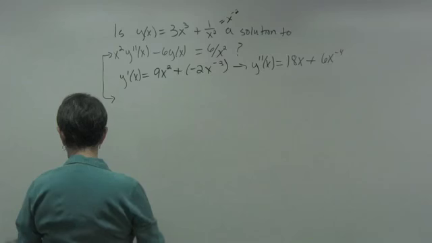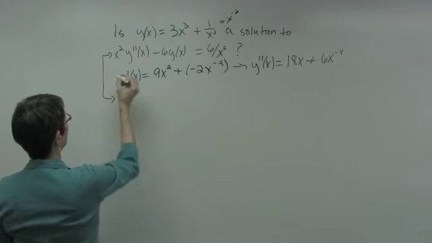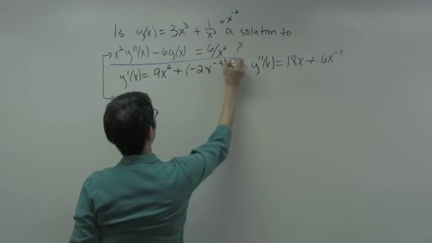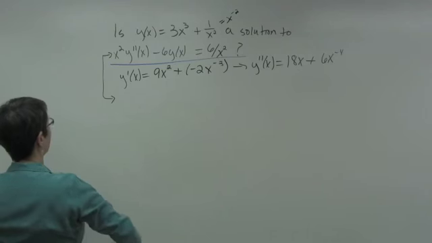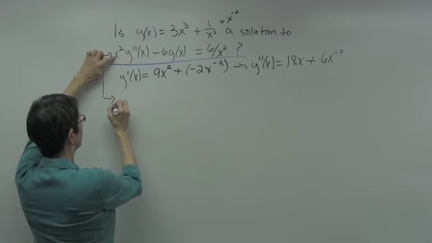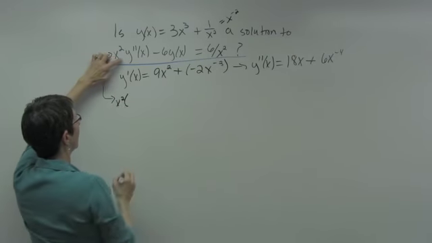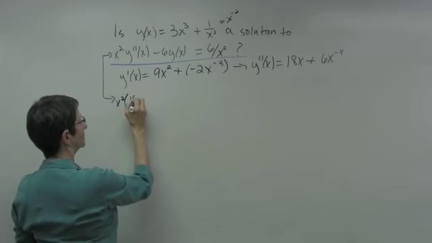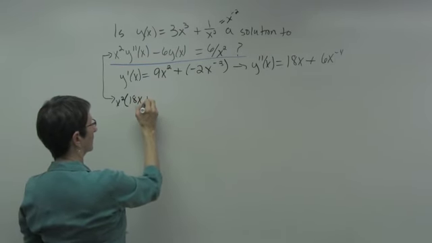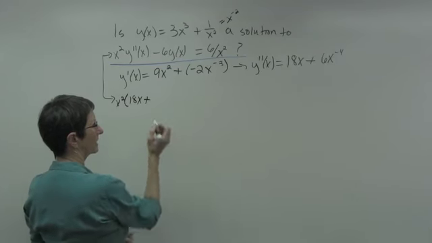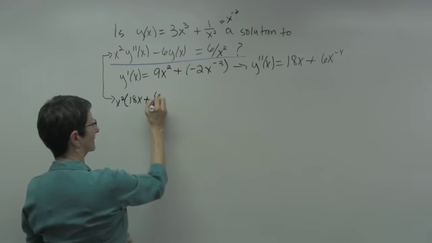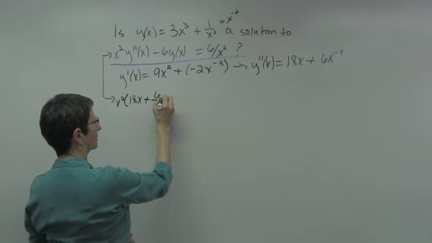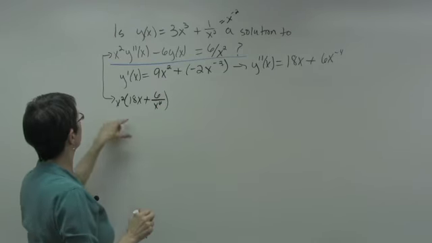So let's come down here and see where we are. All right, I've got x squared times y double prime, which is 18x plus, and I think I'm going to go ahead and make this 6 over x to the 4th. Put it back as a fraction.